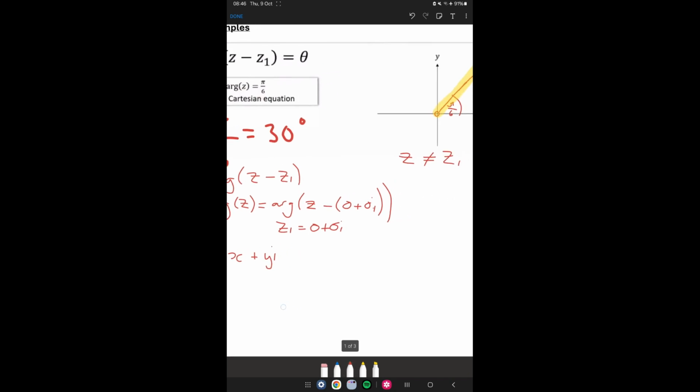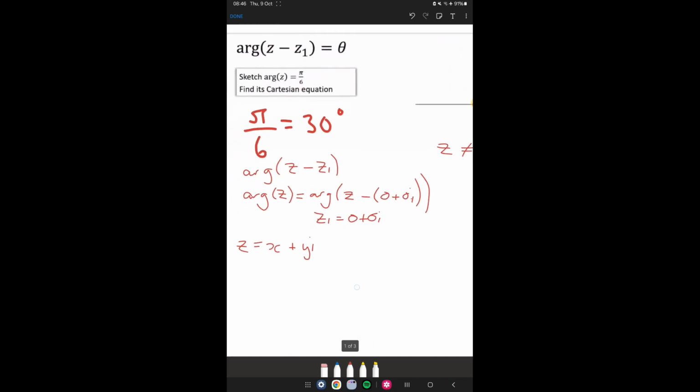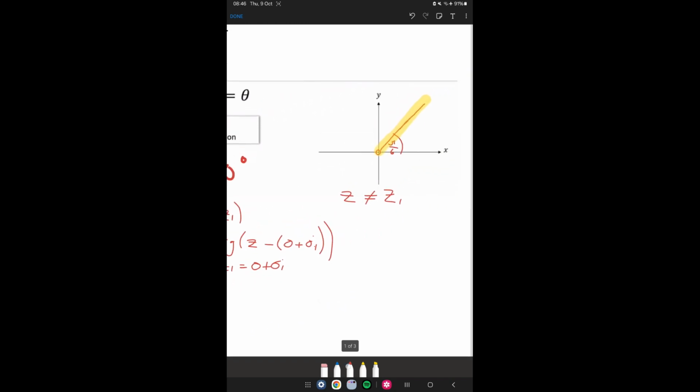And if we consider that triangle then, this bit is x and this bit is y. Well, how can I write those things all in one form? Well, I can use trigonometry, can't I? And I can say that tan of pi over 6 is O over A. So tan of pi over 6 is y over x.